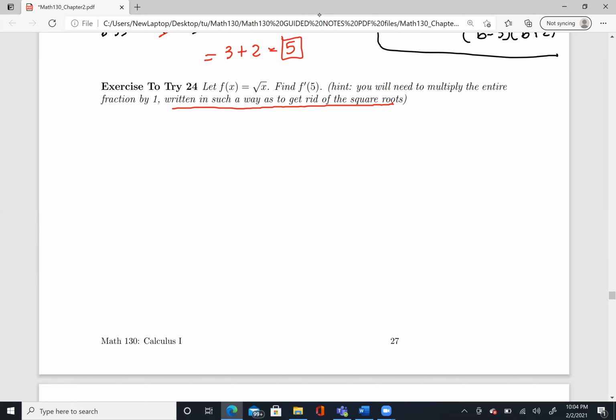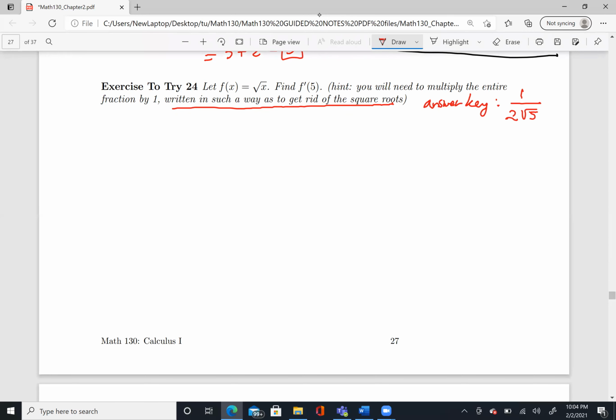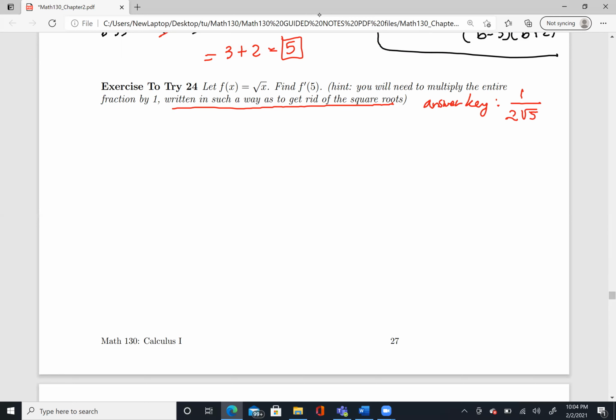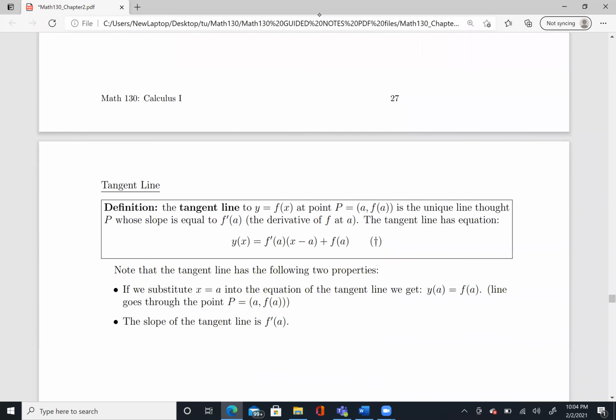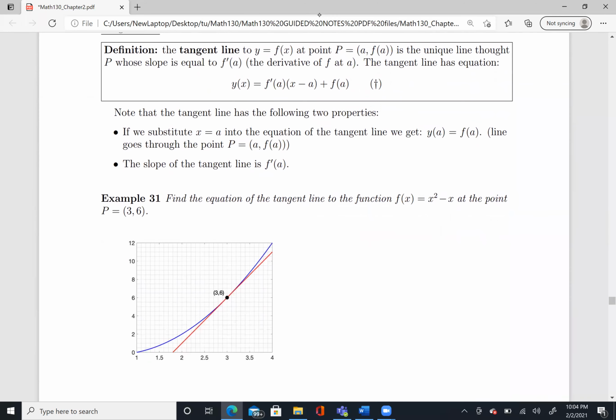So the answer key should be 1 over 2 square root 5. Okay, let's try to figure out how to do it. In class I'm going to show you this if you don't know how to do it. But yes, let's try our best.